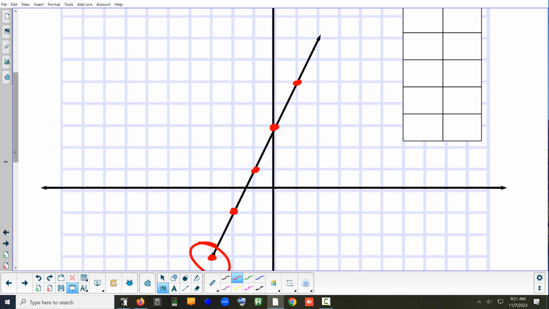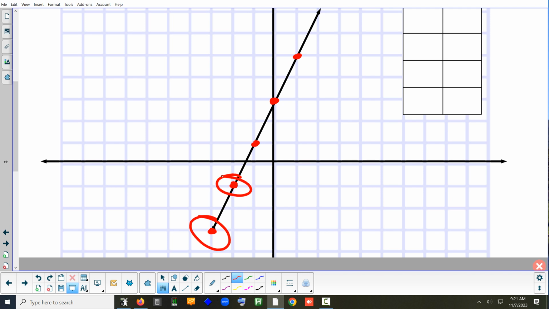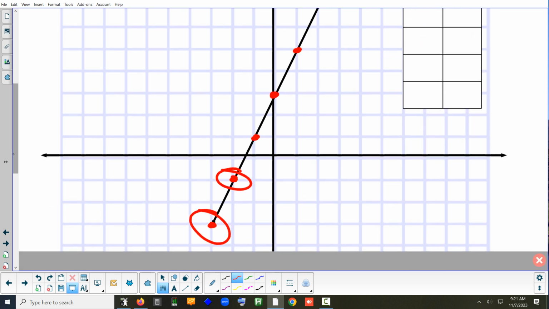-3. Yep. So it's -3. All right. How about the coordinate of that point? I think -2 would be right there. -2, -1.